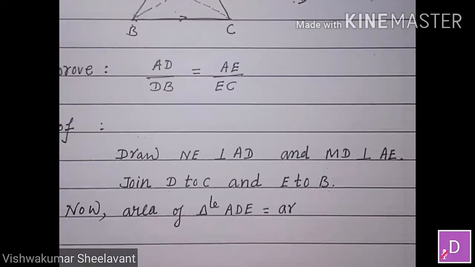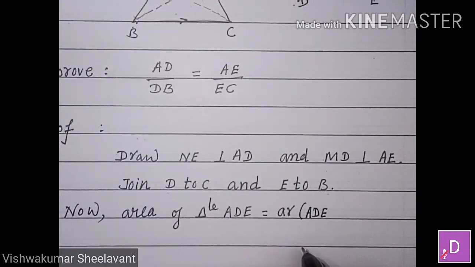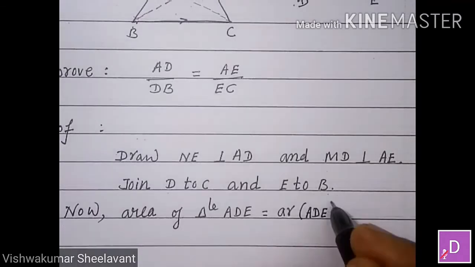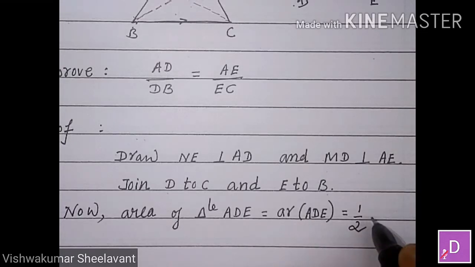You have used notation AR in bracket ADE. That means area of triangle ADE is half into base into height. Height means what? Perpendicular drawn from the base to the opposite vertex. Is it right?